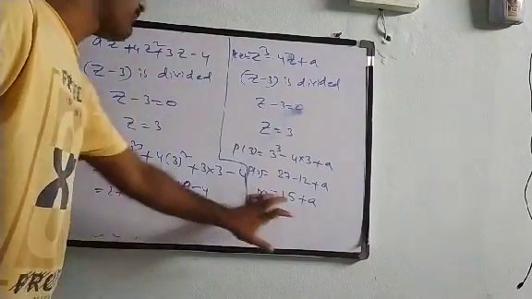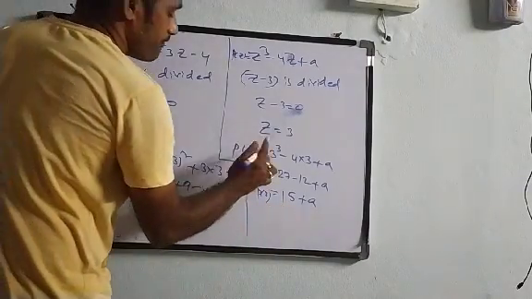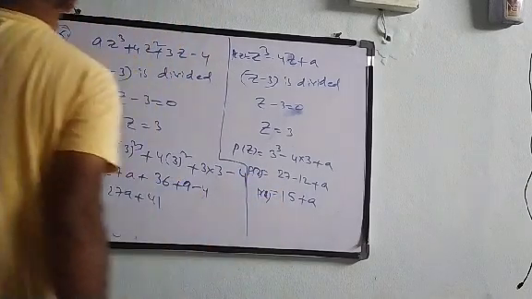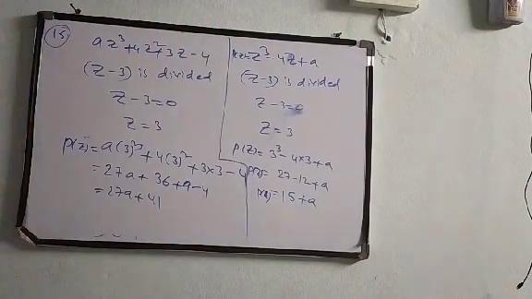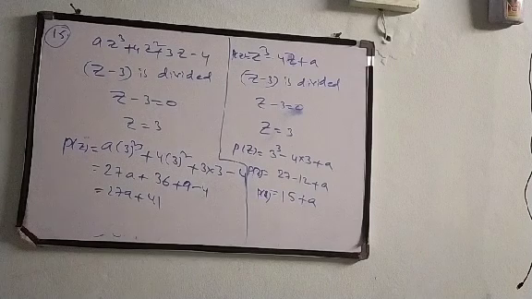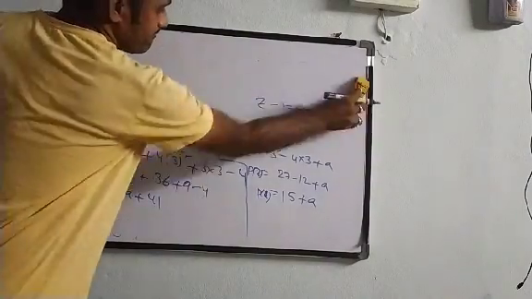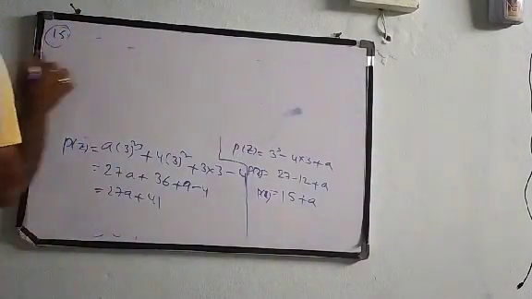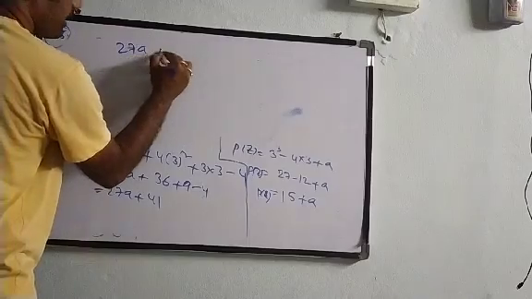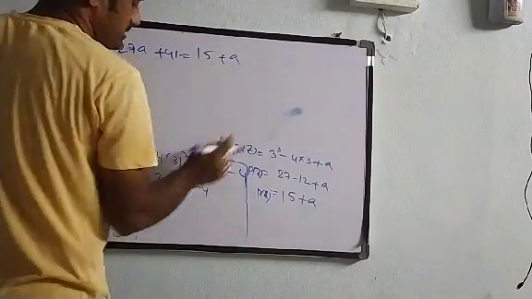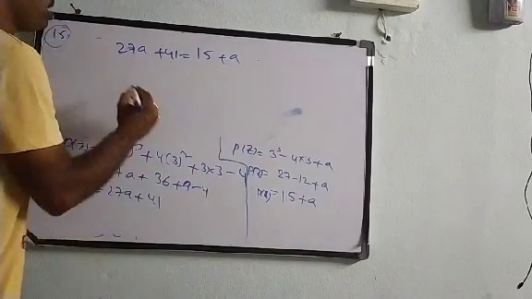So these two are equal, P of z here and P of z there, both are equal. Now we can write 27a plus 41 is equal to 15 plus a, since they are leaving the same remainder.